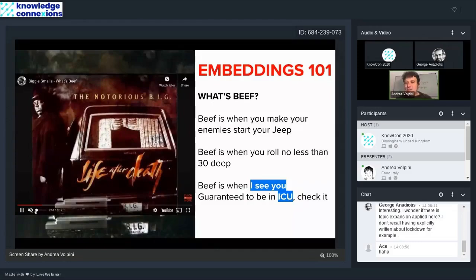Given the pandemic, everyone knows what an ICU is, unfortunately, the acronym for an intensive care unit, but it sounds the same and has completely different meanings. So ICU can be "I see you," but it can also be intensive care unit.